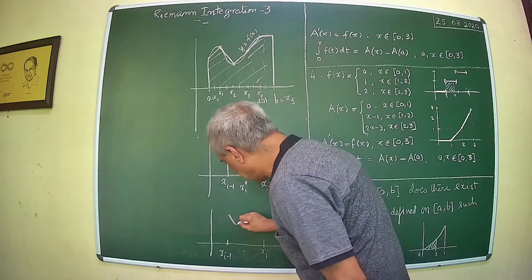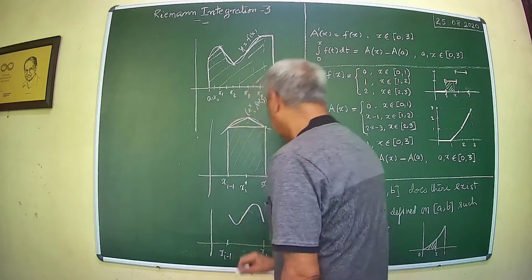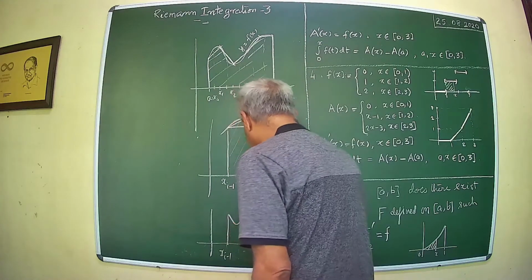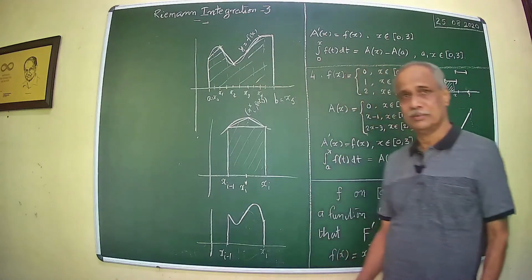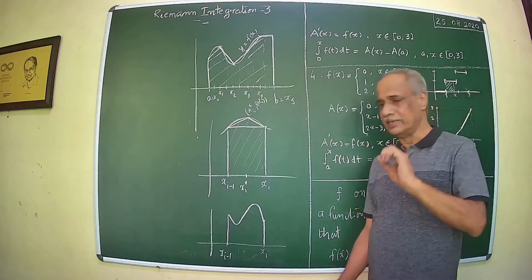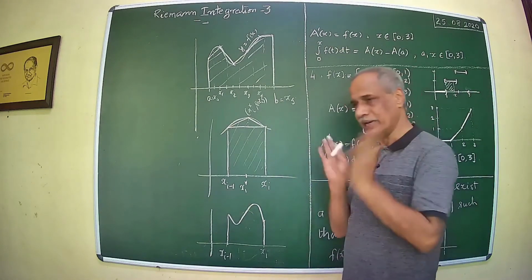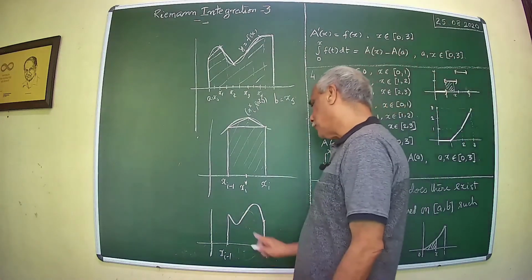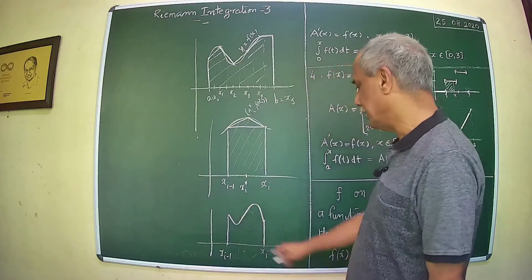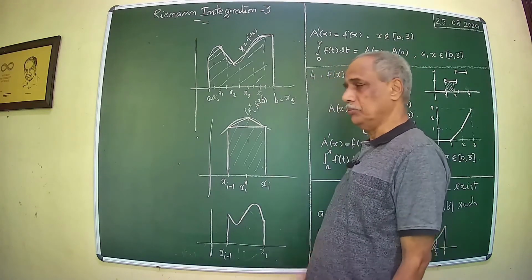Suppose the given curve is something like this on the interval. Now, I'll make things rigorous later, but for the time being, let me work for the function I have drawn here. Here you see that I can approximate the given area by a rectangle from below.